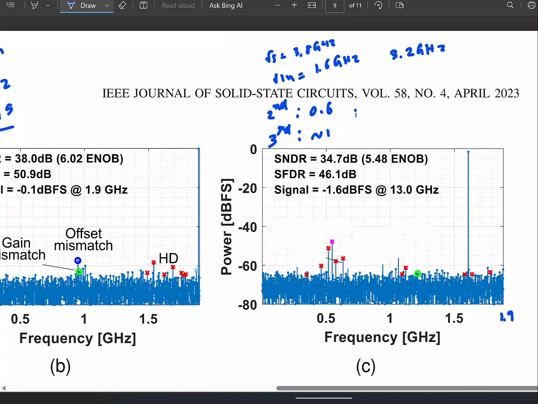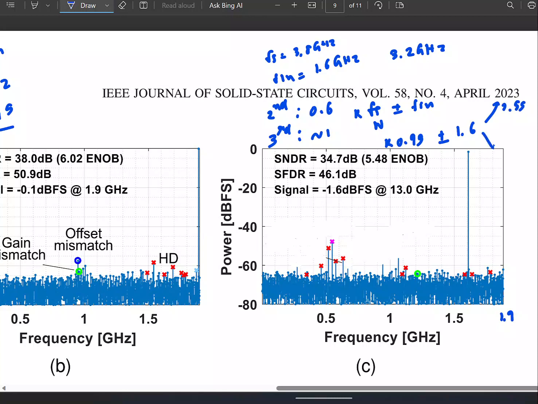So again, if there is any gain error or mismatches in the gain in the 4 channels, I'll get k·fs/N plus or minus fin, right? So this is k times 0.95 plus or minus 1.6. For k equal to 1, what are the frequencies I should get? 0.95 plus 1.6, what is that? 2.55.